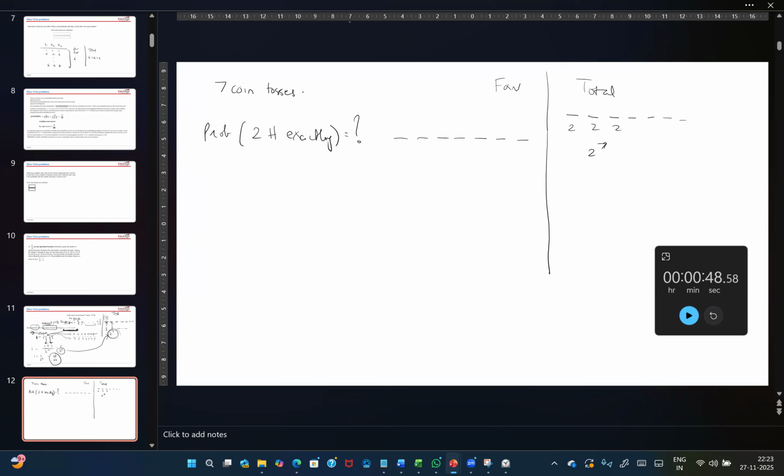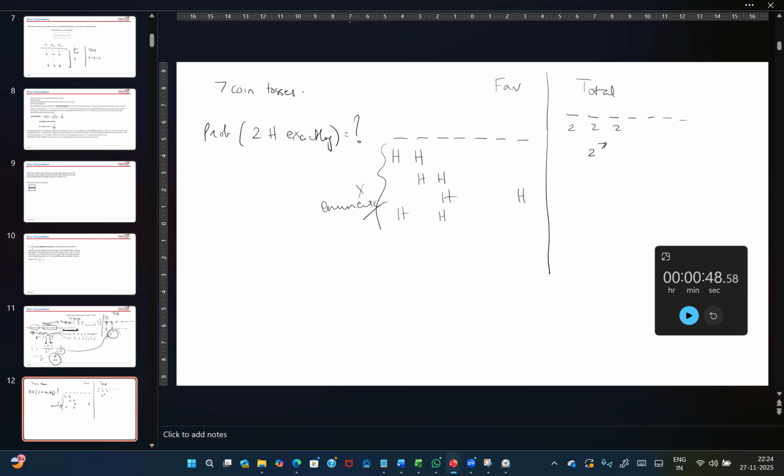So the 2 heads could be in any of the 7 places. So HH or HH, there are so many combinations, right? It's very difficult to understand now. You can't enumerate this.